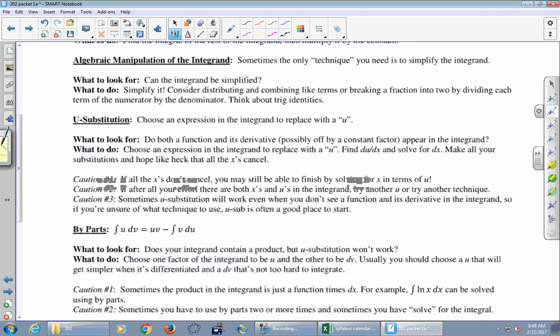Okay, next up is algebraic manipulation. What to look for: can the integrand be simplified? We'll see examples of this, but just one kind of thing. We've done stuff like this before. Something like that. It's a fraction. Maybe we're trying partial fractions, that technique. But that's not the first technique.